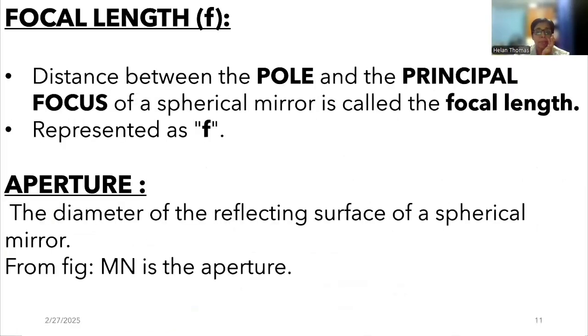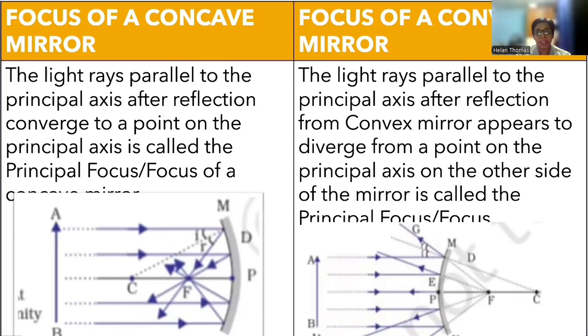The focal length is the distance between the point F and the P. We just saw the points here. In a concave mirror, it will be the point where the reflected rays will converge, and that distance between F and P is the focal length.